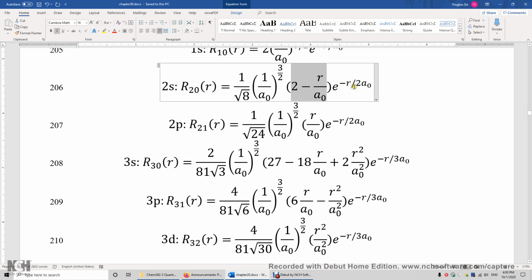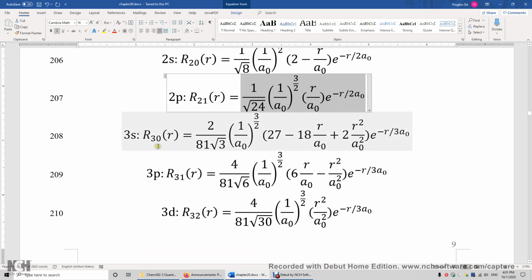That's why you see a spherical nodal surface in the 2s orbital. You don't see that in the 2p orbital. For the 2p orbital, you need to multiply this radial function with its angular function. Then you will see if you have 2px, the planar nodal surface is at x equals 0. 2py, y equals 0. 2pz, when z is 0, you have a nodal surface.